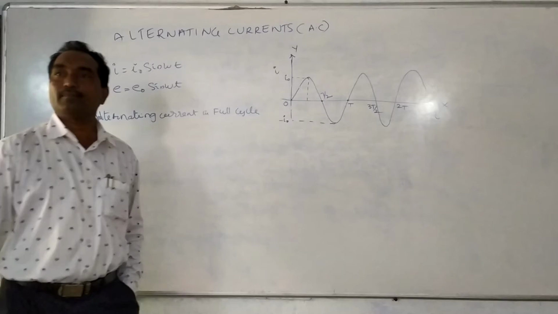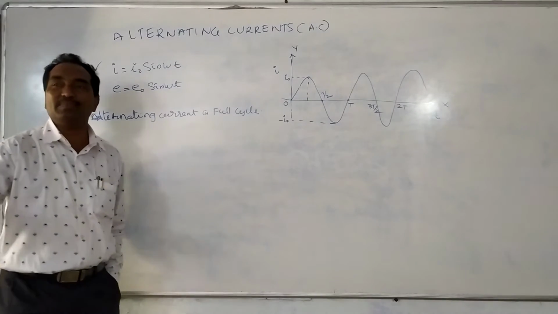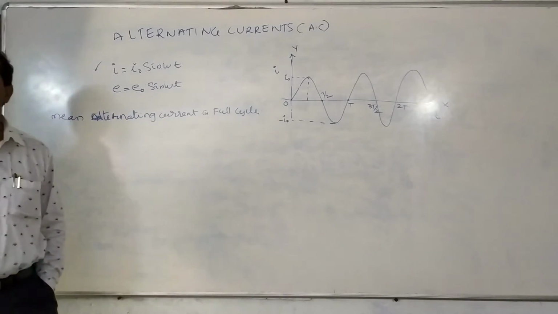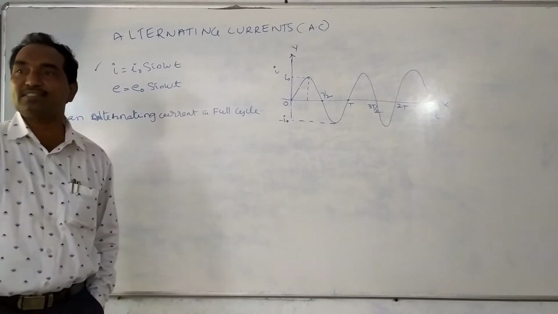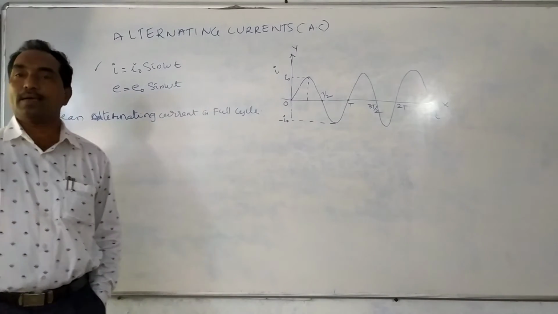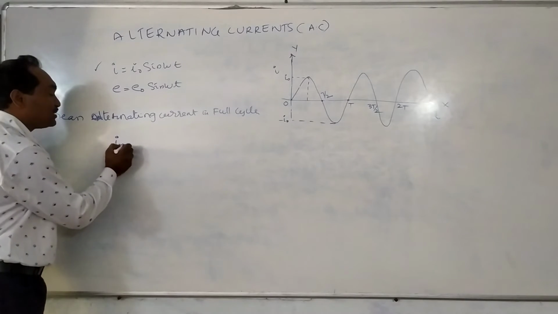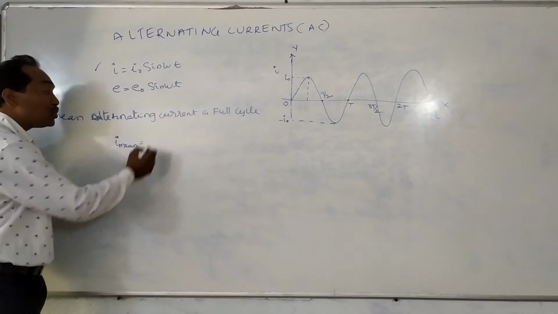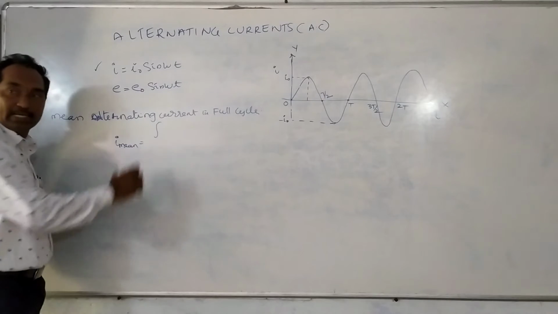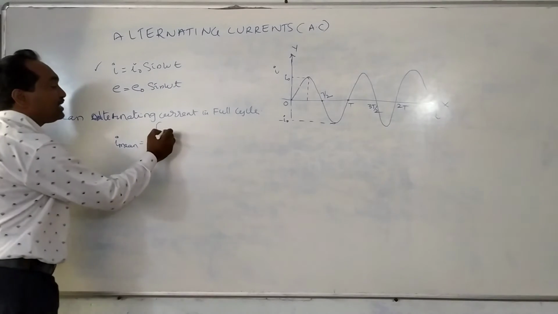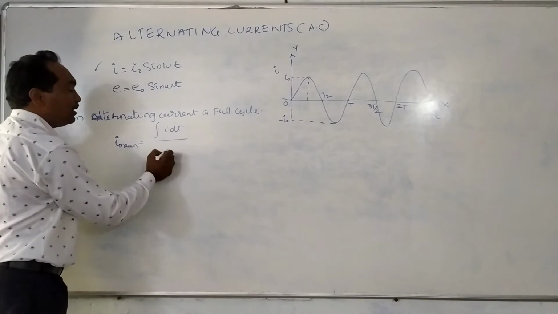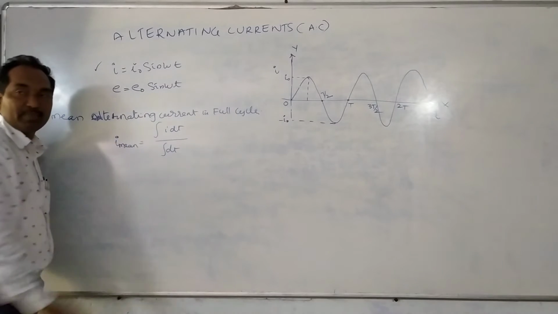Am I right? We know the average, that is the mean, is nothing but sum of the readings divided by the total number of readings. So the mean current can be written as I mean is equal to total current, and we know total is integration I dt, divided by integration dt.